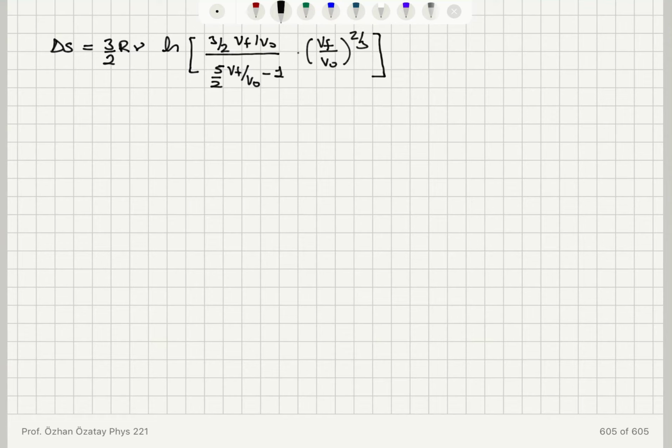Because it was a minus, I reversed the denominator and the numerator. Okay, so I obtained this expression for entropy change.